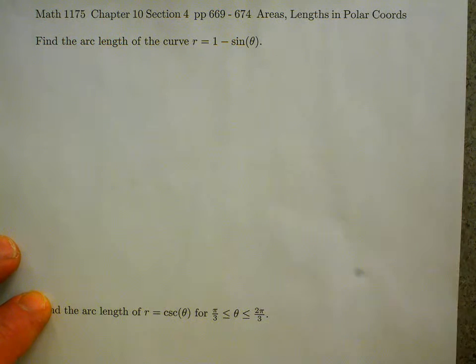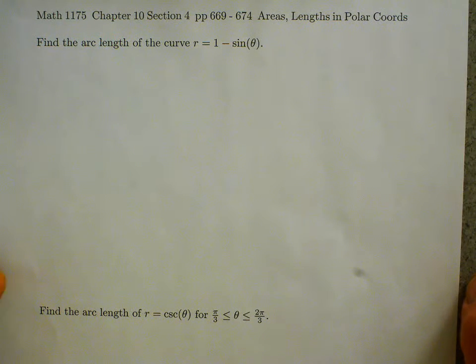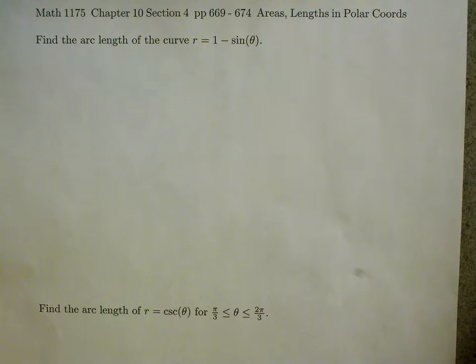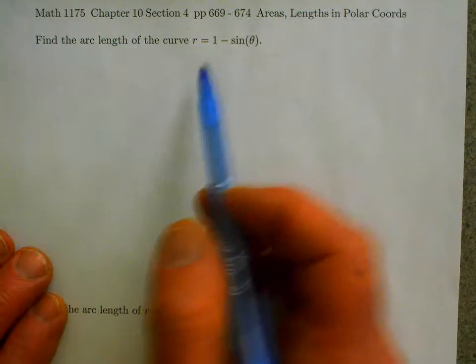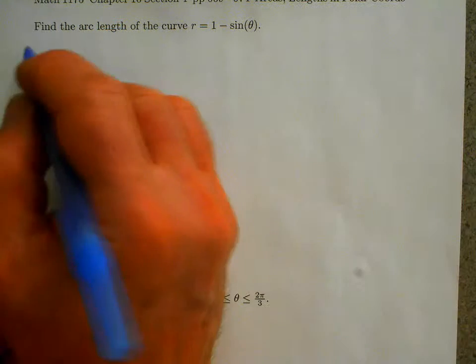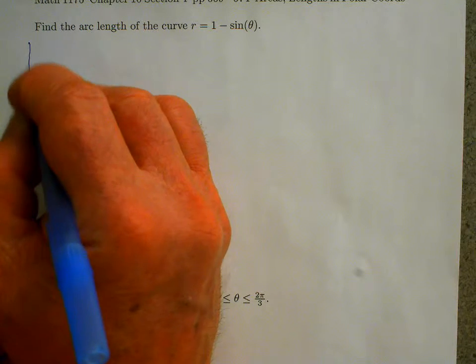So we need to know what the limits of integration are. Well, it's just a curve. Maybe it will double back on itself. Who knows? So let's sketch it in the Cartesian plane first.